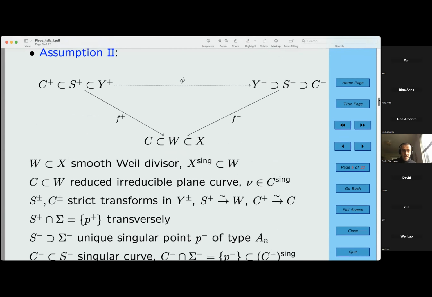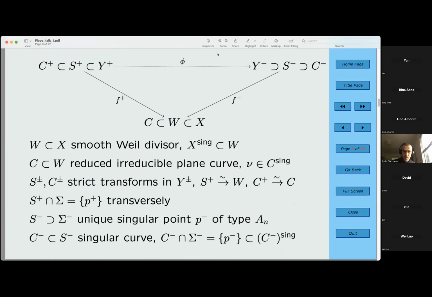Okay, and then you look at the strict transforms and what happens under this contraction by pullback. If you take the inverse image under these two contraction maps, because of the flop transition, something interesting happens. On the plus side, by how I chose my notation, nothing happens.